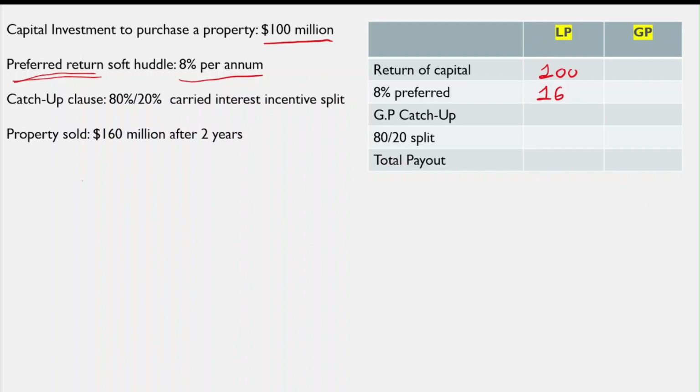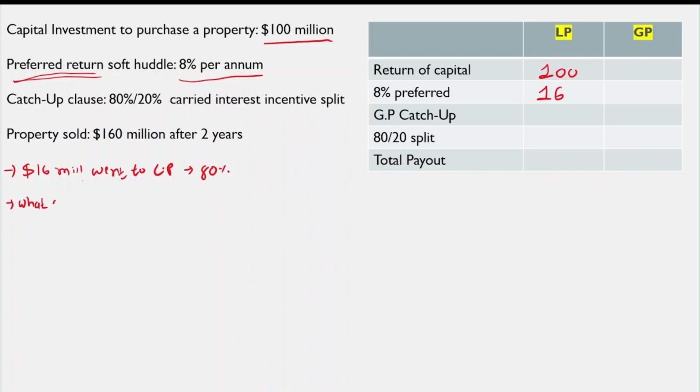Now, in this example, we saw earlier that 16 million went to the limited partners, right? This 16 million represents the 80% of the split.